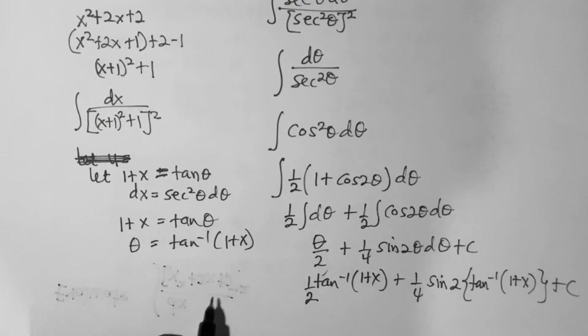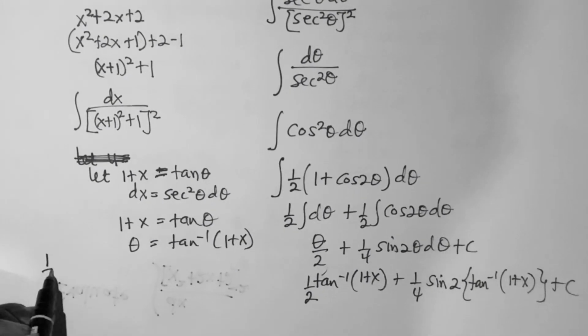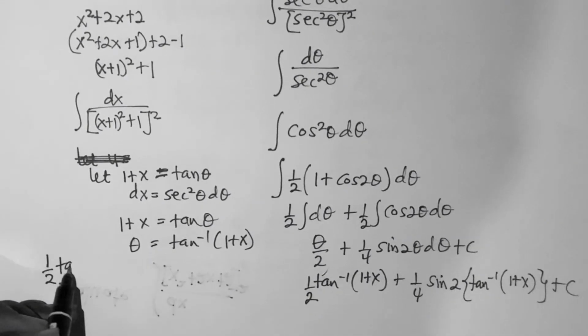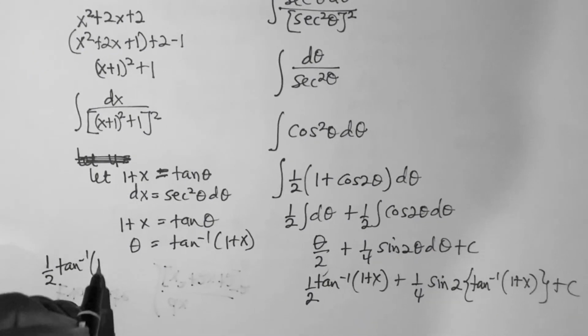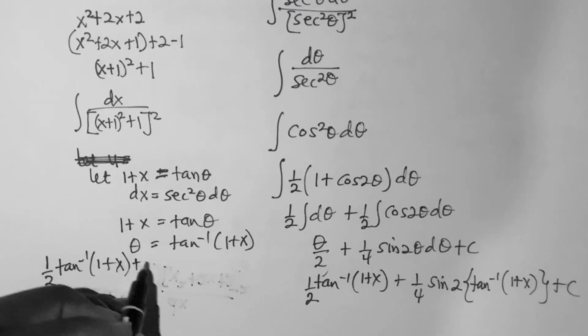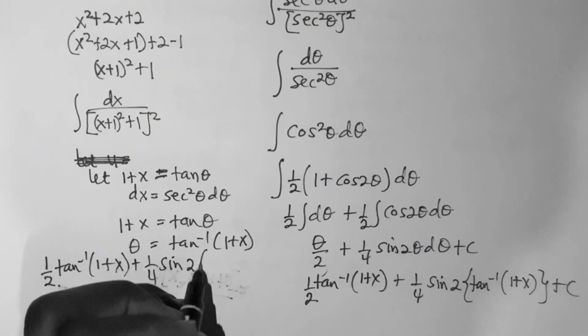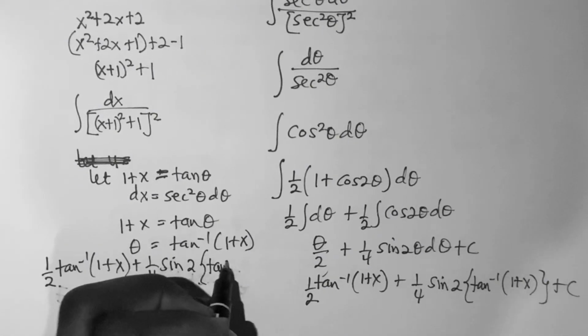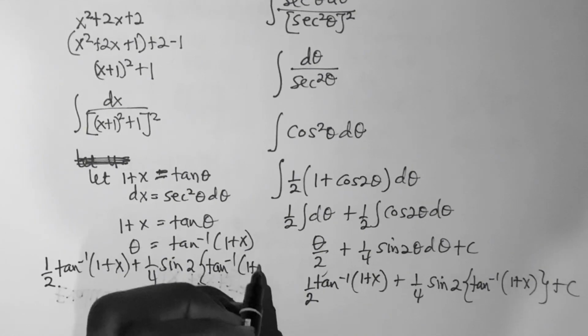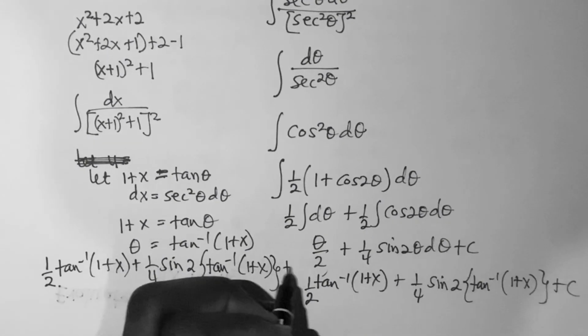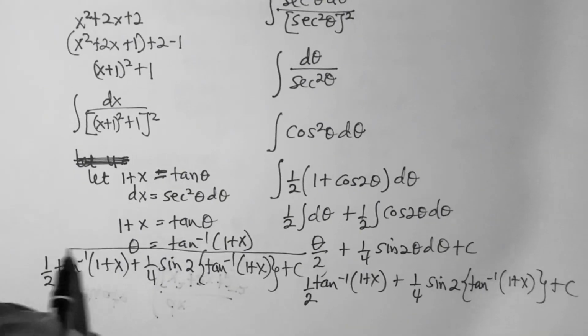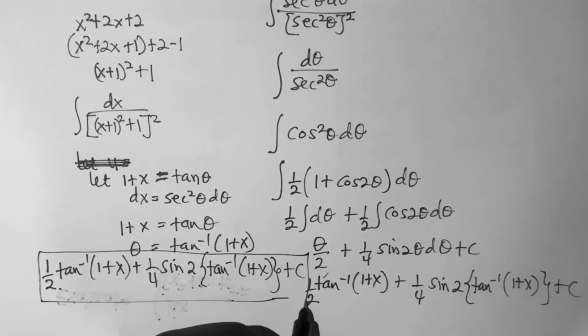So let me rewrite the final answer again. So it is half tan inverse of 1 plus x and plus 1 over 4 sine 2 into bracket tan inverse of 1 plus x bracket close plus c. So this is the final answer for that integral.